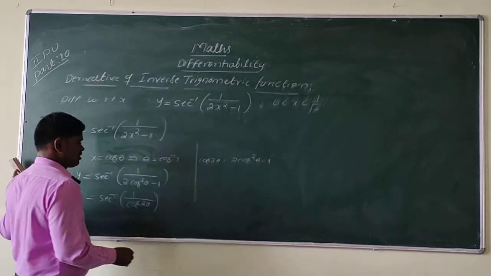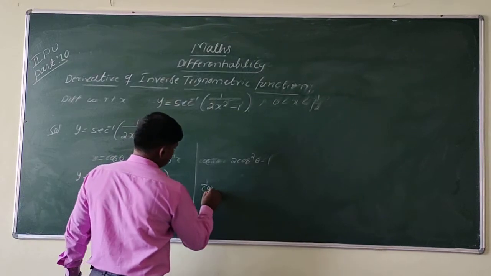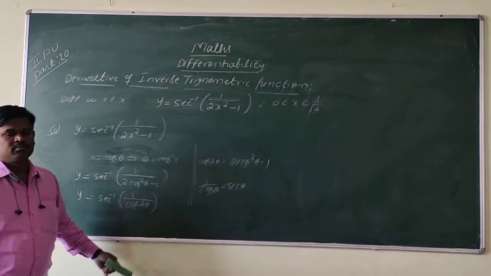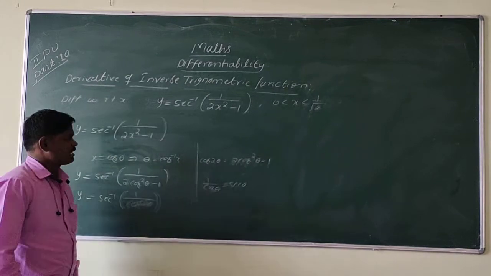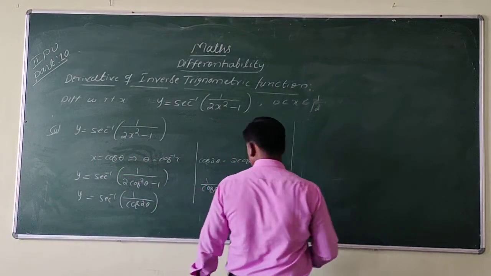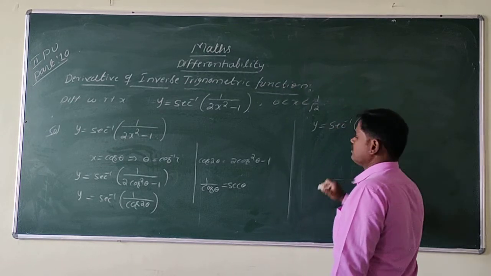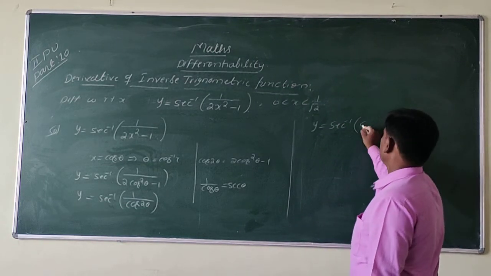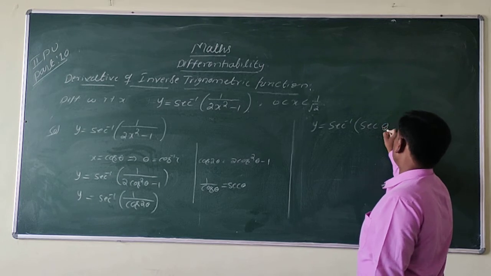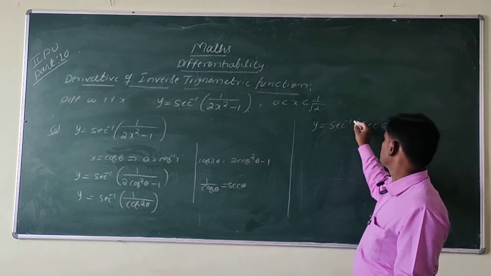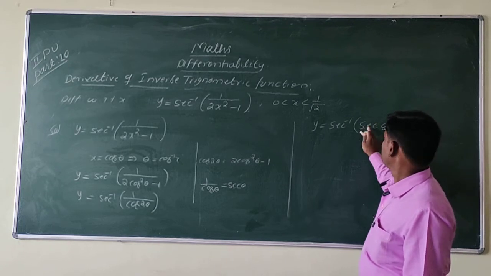By the reciprocal relation, 1 by cos theta is equal to what? Secant theta. So basic trigonometric formula. Now y is equal to secant inverse of secant 2 theta. By the given conditions, theta satisfies the conditions.